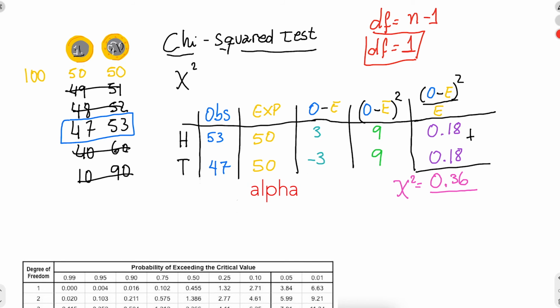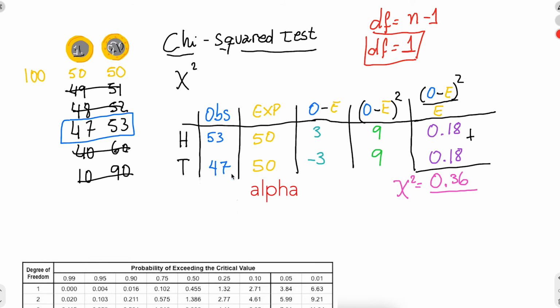You have to reject the hypothesis that the coin is fair, that the expected values are close to what you observe. What you observed is actually something different from the expected. This is not random. There's something going on that is causing the difference.